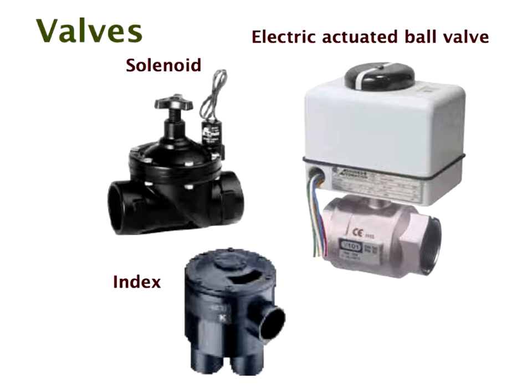All right, there's various valves. Solenoid valves are most frequently used. Electrically actuated ball valves are sometimes used. Now, these can be very useful when you're draining a system under freezing conditions. These solenoid valves require a certain amount of back pressure in order for them to switch.